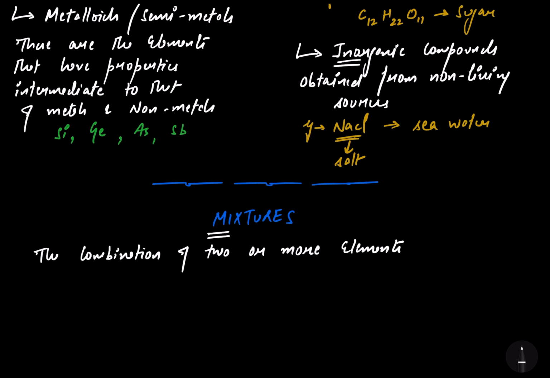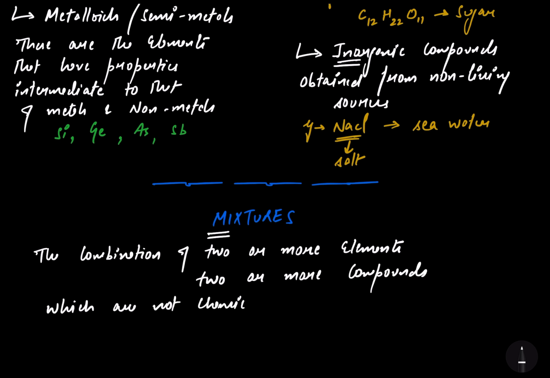The combination of two or more elements, or two or more compounds also, which are not chemically combined. Who are not chemically combined? The two or more elements present in a mixture, or two or more compounds present in a mixture, do not have any chemical combination between them.